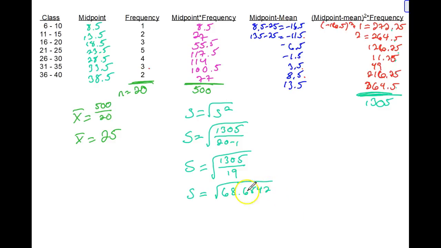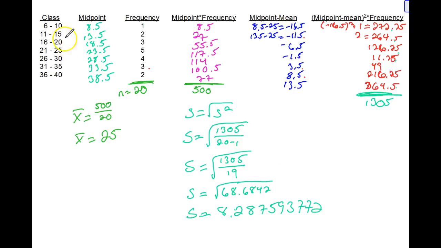Again, do not use just this number. Use entirely what is available to you. Leave it in your calculator. Do not do any rounding. You take the square root of that, and you're going to get, let's see, just to be on the safe side, if I take 1305 divided by 19, take the square root of it, I get 8.287593772.